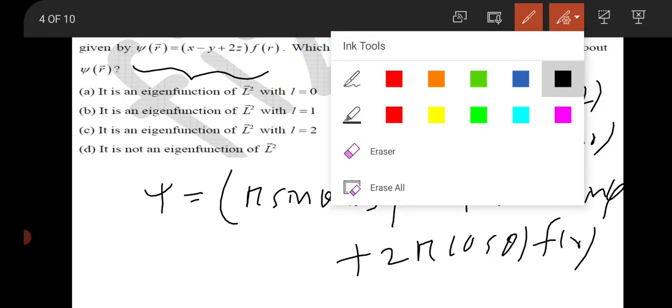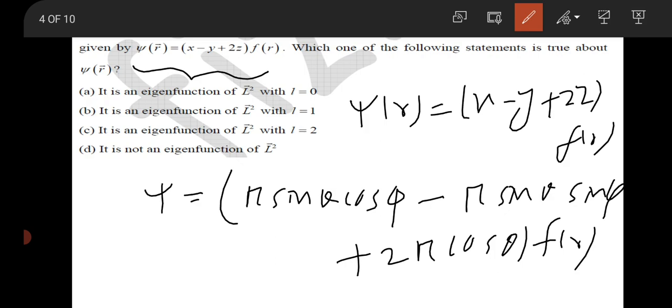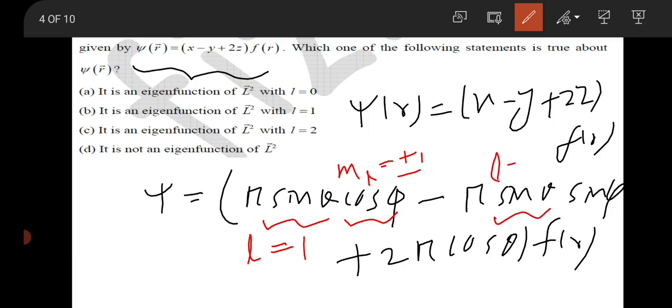So the important thing is that this r sin theta is indicating L is equal to 1. Okay, and this cos phi is indicating ml is equal to plus or minus 1. Similarly, sin theta also indicating L equal to 1 and sin phi is indicating ml is equal to plus or minus 1.